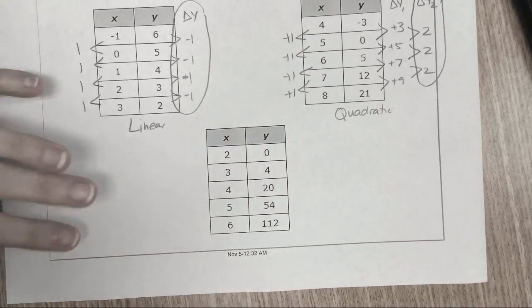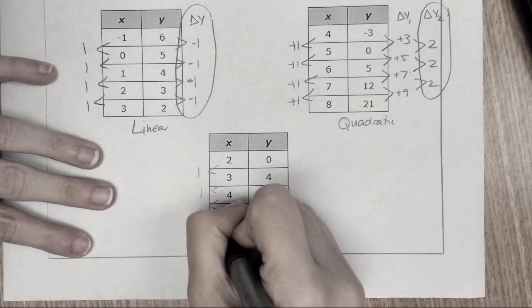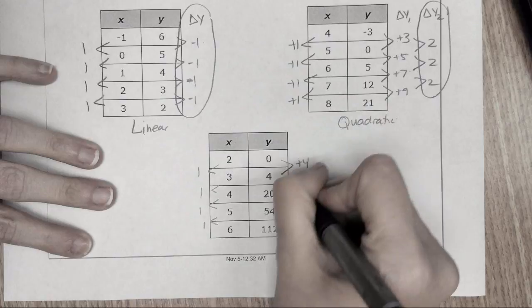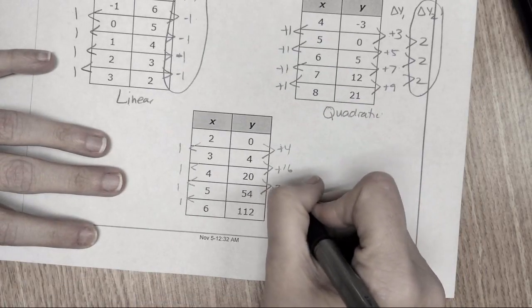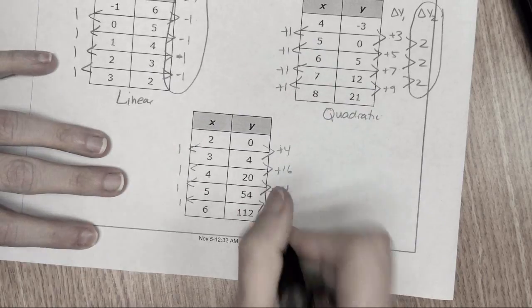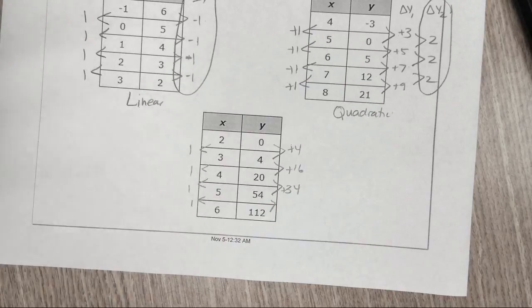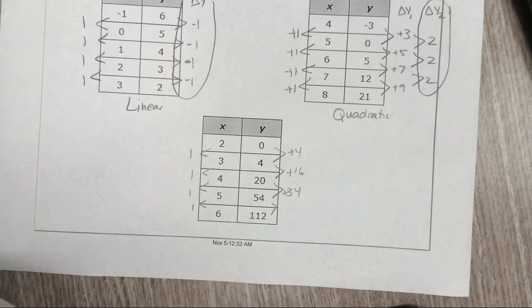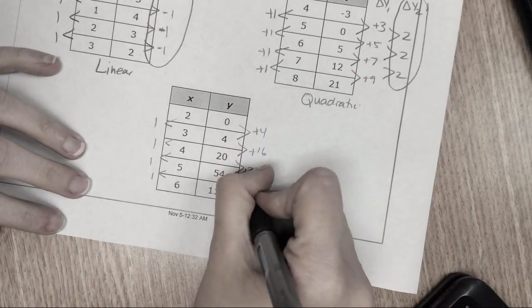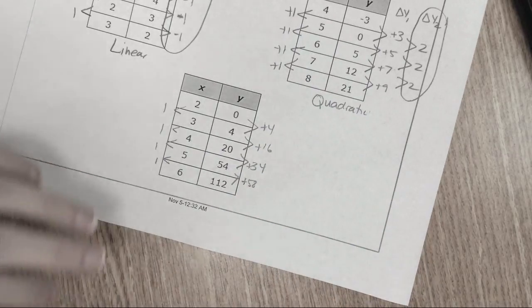Okay, so now let's look at this one. I mean, it's not going to be right, but plus 4, plus 16. Oh my gosh, what is that? Plus, is that 34? I'm sorry, I'm going to have to use my calculator. Okay, so 112 minus 54 is 58.